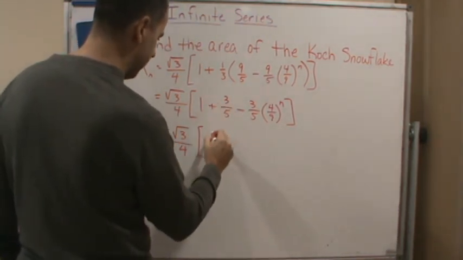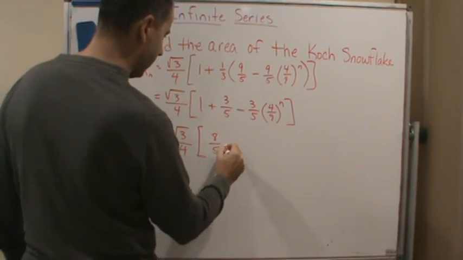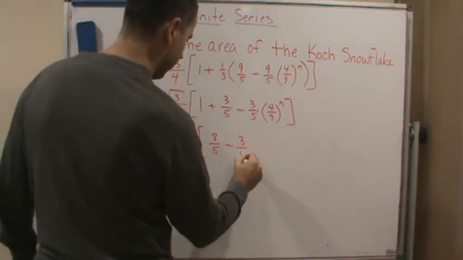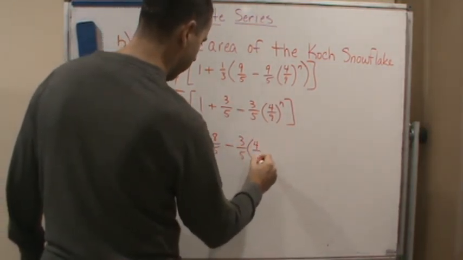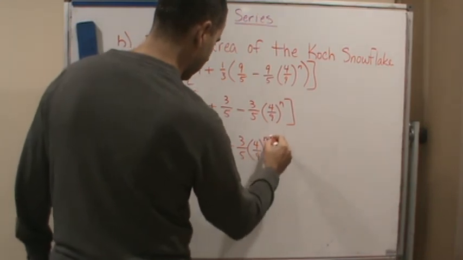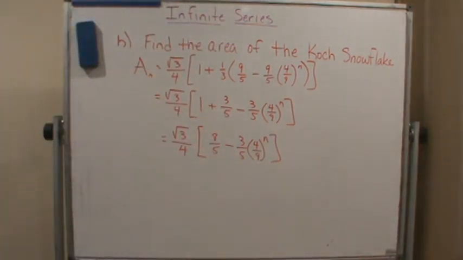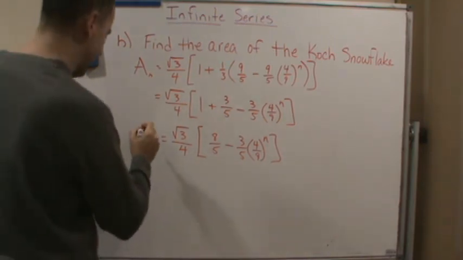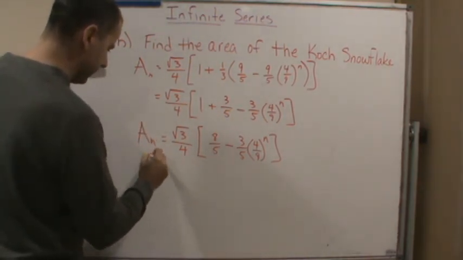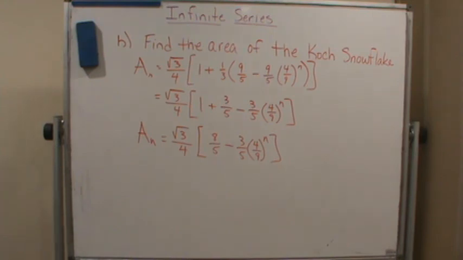This becomes 8/5 minus 3/5 times 4/9 to the nth power. Okay. So now, that's how we represent a sub n. So there's our formula for a sub n, the area of the nth figure.